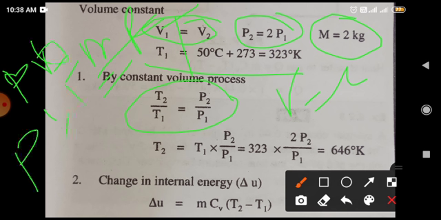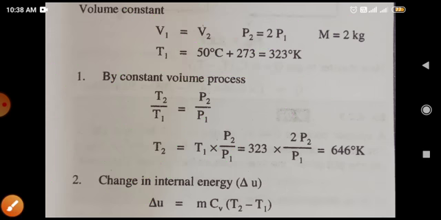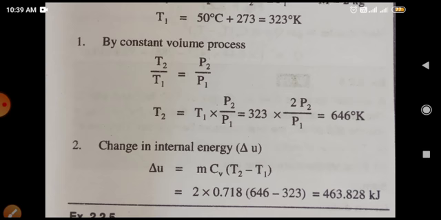In that case, P is directly proportional to the temperature, therefore P1 is directly proportional to T1, and P2 is directly proportional to T2. Taking the ratio, P1 upon P2 is equal to T1 upon T2, or you can rearrange the formula for T2, the temperature we have to find.